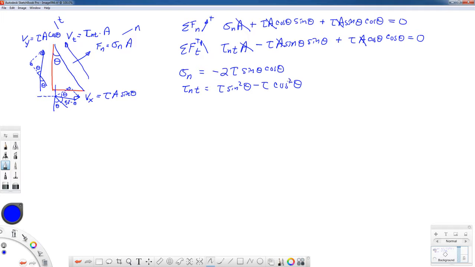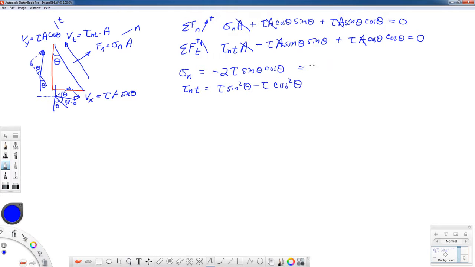Now we are going to do just a little bit more work to get these in a little bit more standard form. We're going to use some trig substitutions to write down what sigma n and tau nt are in terms of 2 theta instead of theta. Now, 2 sine theta cosine theta is sine 2 theta, but we have the minus sign there.